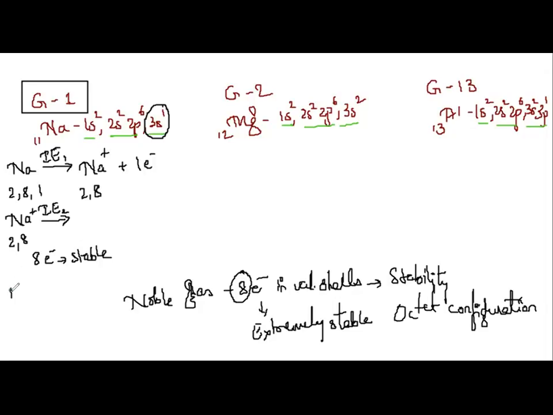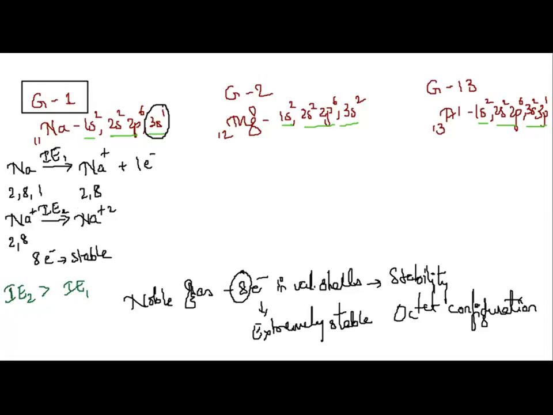What do we know? The second ionization energy is more than the first ionization energy. But in this case, I am going to apply the energy in order to remove an electron from a most stable configuration. Therefore, I will have to put in more and more energy to remove the electron and make it Na 2 plus, which is highly impossible actually.